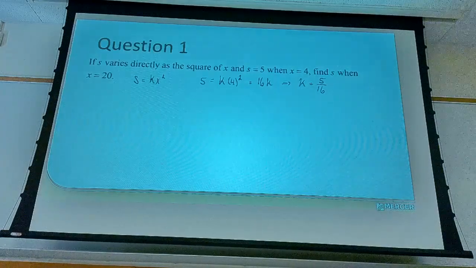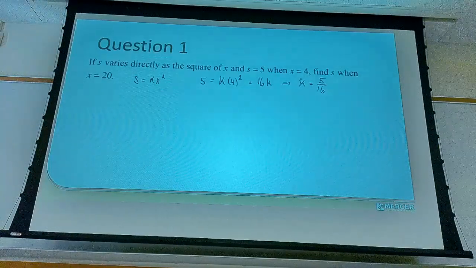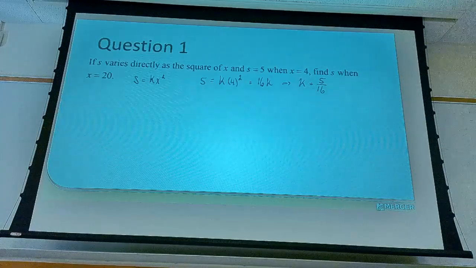So you just plug them into the equation from before to find the constant of proportionality.